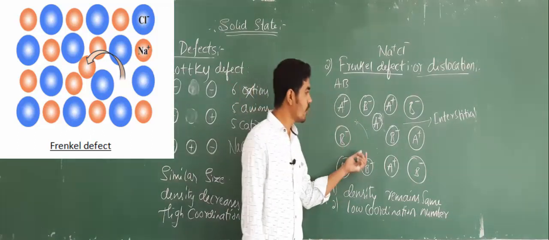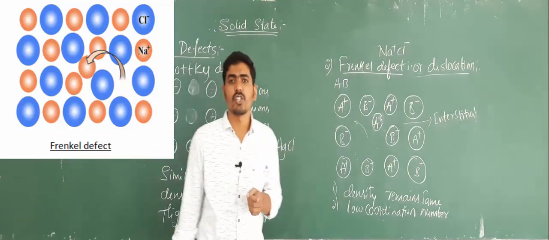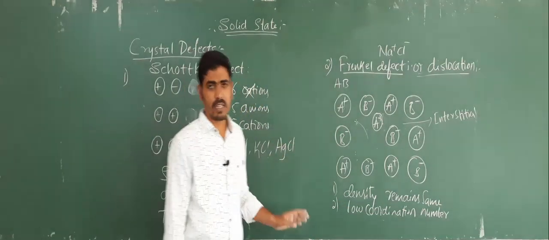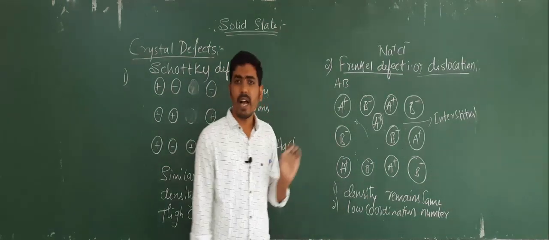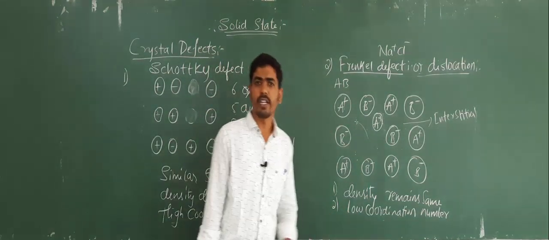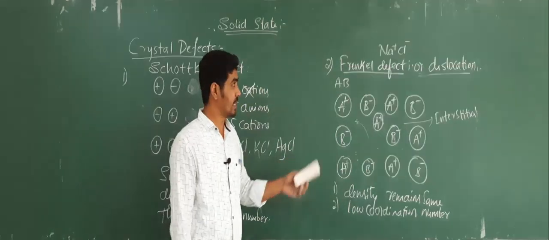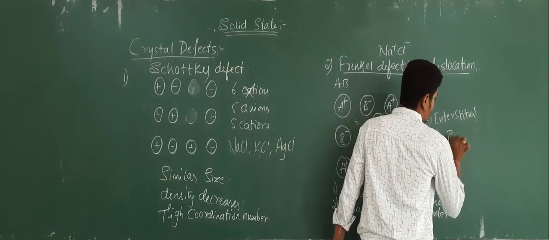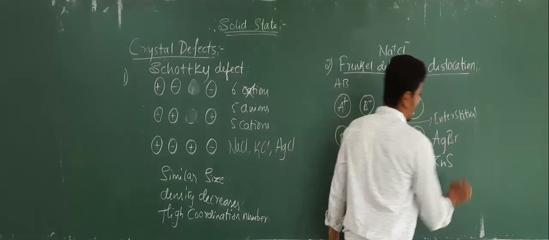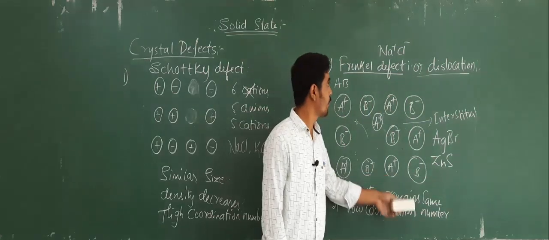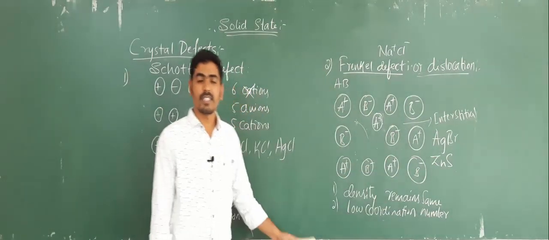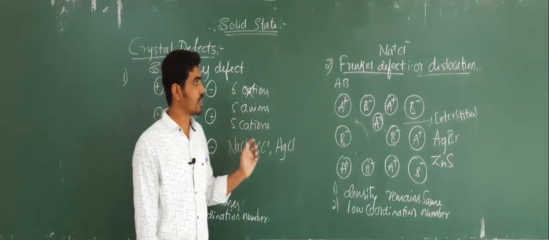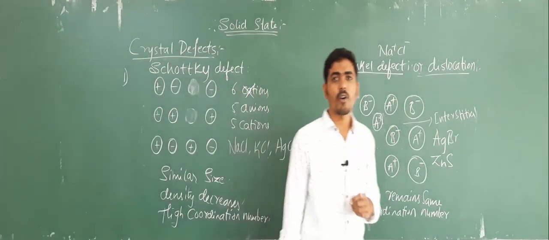Thus the cations can easily move to the interstitial site due to the low coordination number. Hence Frenkel defect can be observed in ionic crystals having low coordination number. Examples for Frenkel defect are AgBr, ZnS, etc. So these are the examples for Frenkel defect or dislocation defect. Okay, so this is all about crystal defects in ionic crystals.